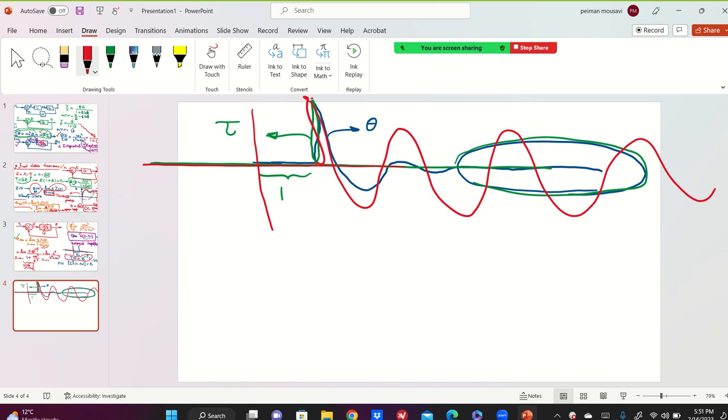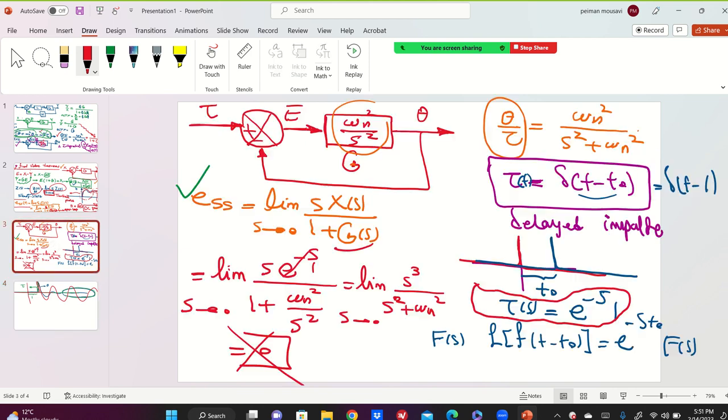So let's go find mathematically why this is not valid. I'm going to teach Routh stability criteria in mid-March, hopefully, or end of March.